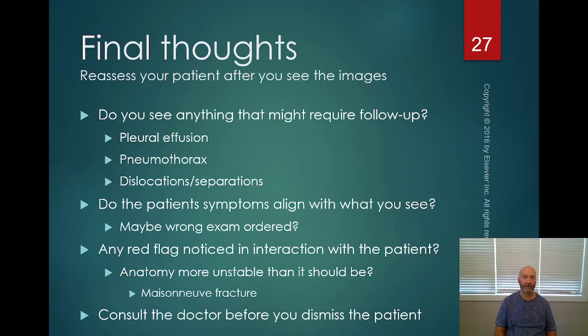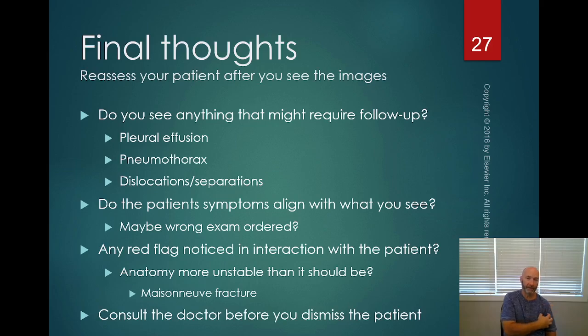Do you see dislocations or separations, or do you suspect separations where the order may have called for suspicion of dislocations? For example, two different shoulder injuries that sound like they are the same thing, and they're greatly different. So a dislocated shoulder requires that the ball comes out of the socket joint, and it's usually anterior dislocation.